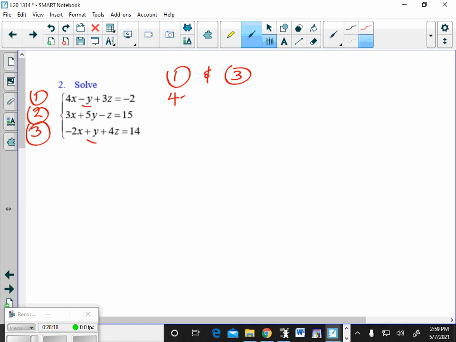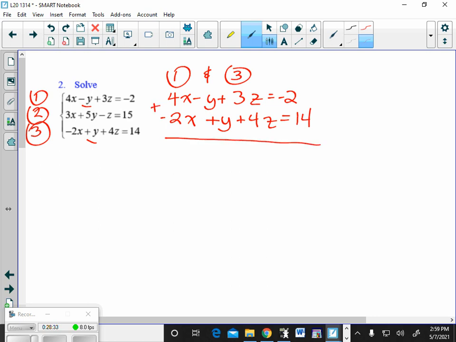So we have 4x minus y plus 3z is a negative 2. And we have a negative 2x plus y plus 4z equals 14. And if I add these together, you can see that the y's cancel. And we have 2x plus 7z equals 12.